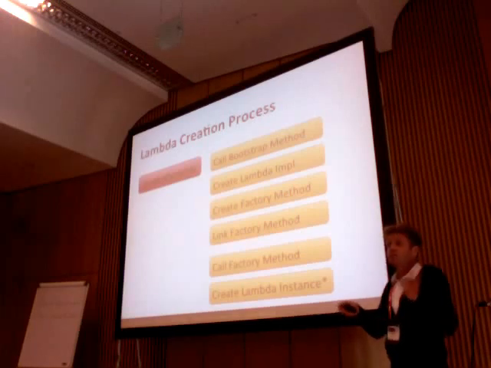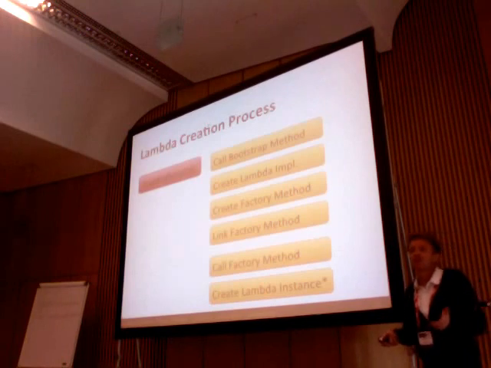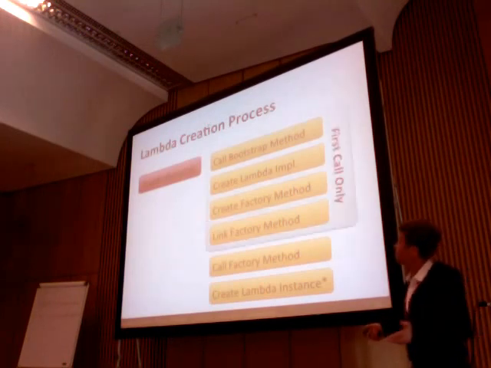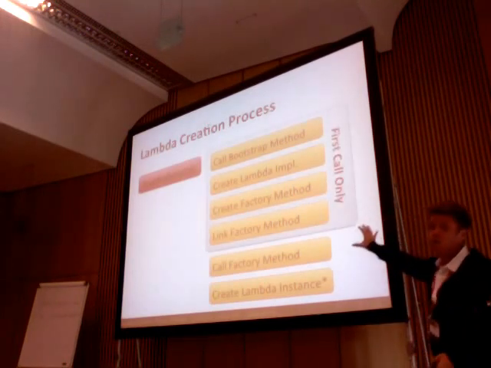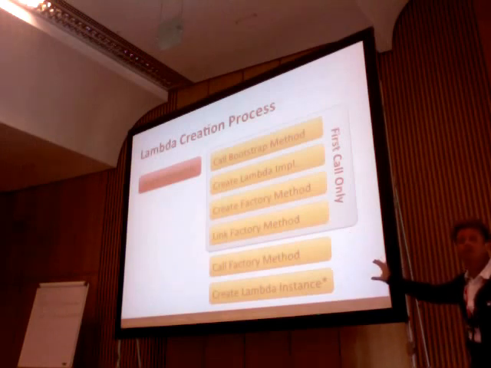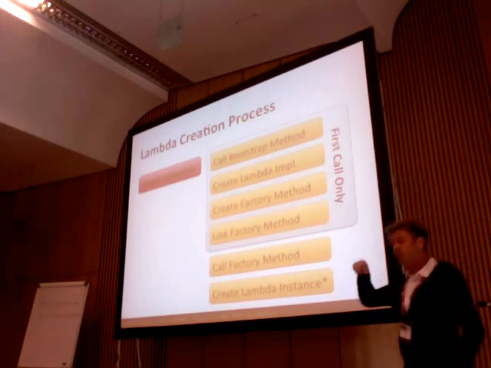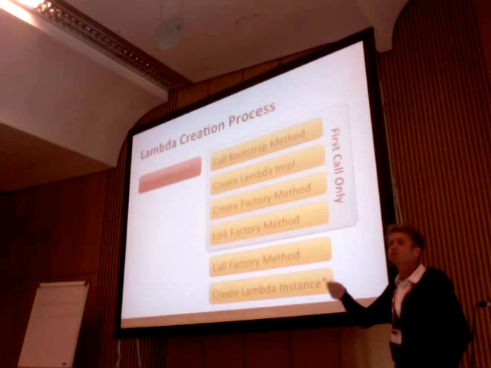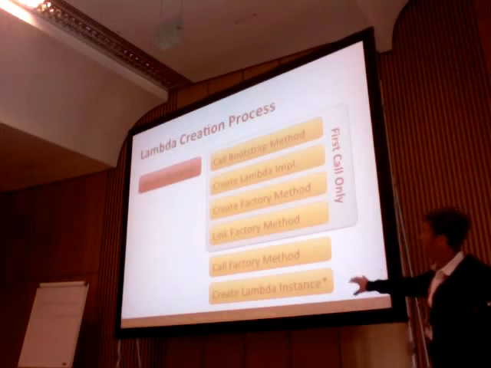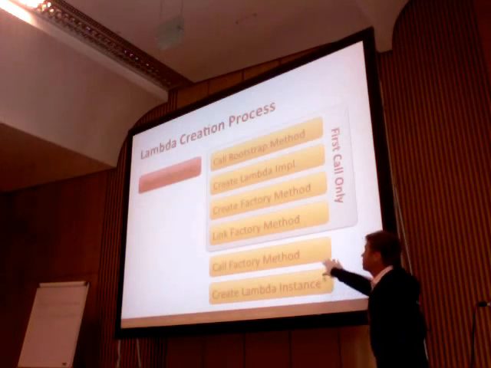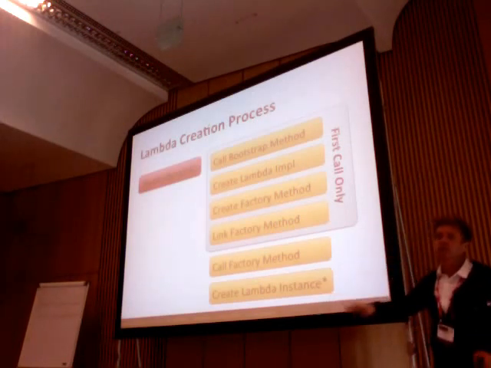Somebody is claiming that this has way better performance characteristics than inner classes. The reason is that this is only created once. This is the magic of invokedynamic, that the resolution process of calling the bootstrap method only happens once, the first time you call the method. So all that's left is just calling the factory method, and this is as fast as calling a normal method in Java.